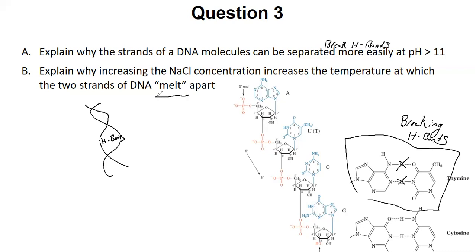This is called melting. So if you melt DNA, you're making it single-stranded. And the question is, why do we see that when we increase the salt concentration, the temperature of melting also increases?